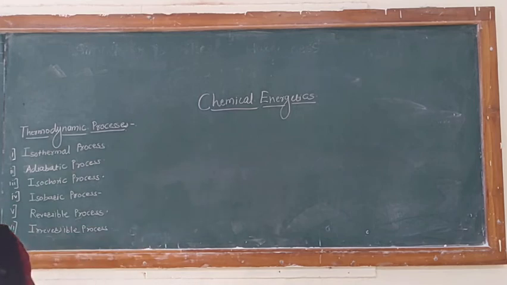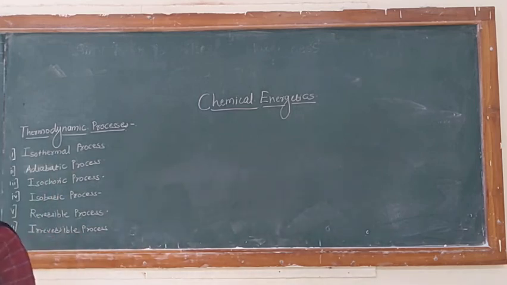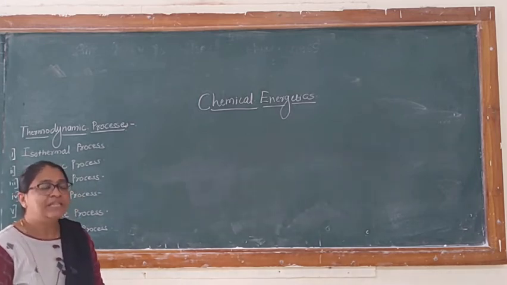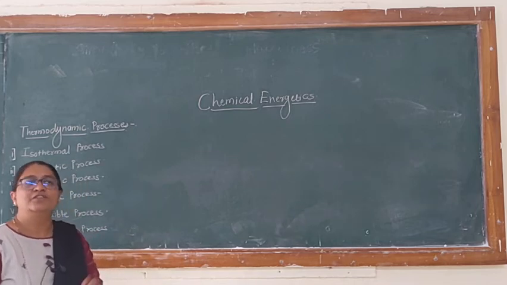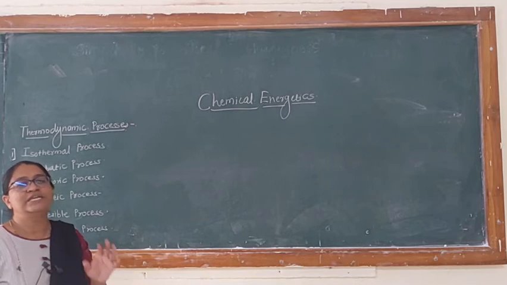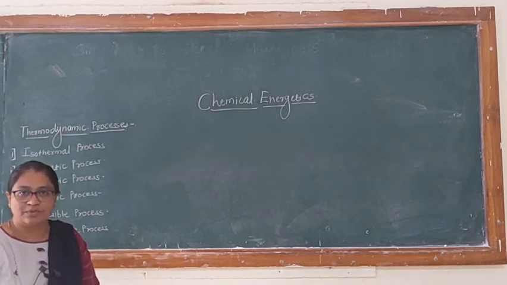Now, the different thermodynamic processes. The first process is the isothermal process. Now, what is the isothermal process? The isothermal process is the process in which the temperature is kept constant throughout.